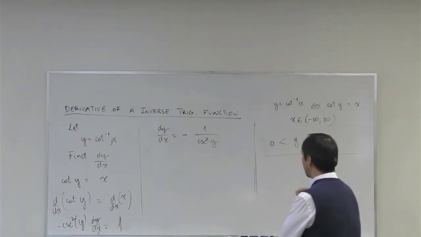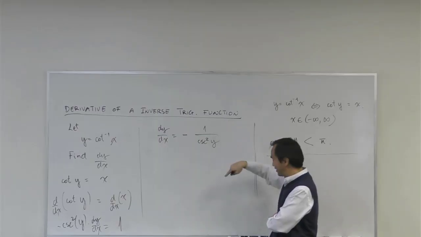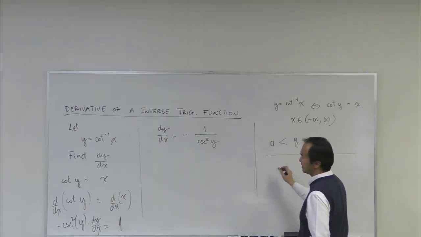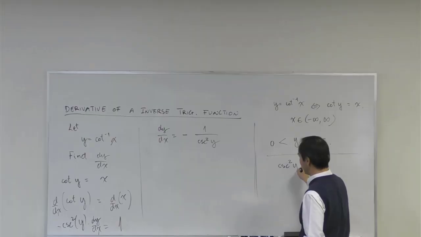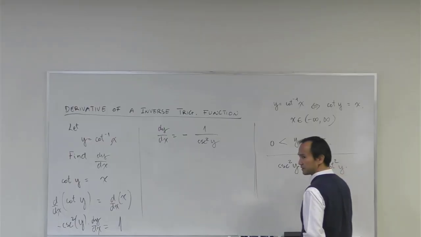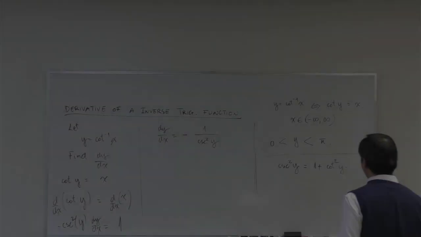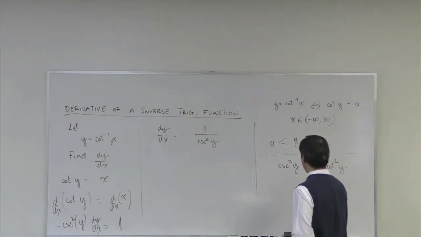And then once again, you have a couple of alternatives, because we don't like having final answers in terms of y. Cosecant squared of any angle equals 1 plus cotangent squared of the same angle. That's a reminder from trigonometry. So that comes out quite easily.